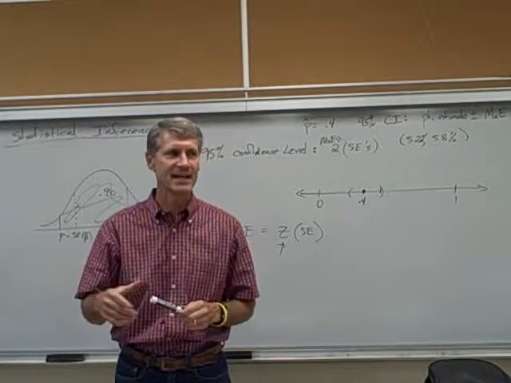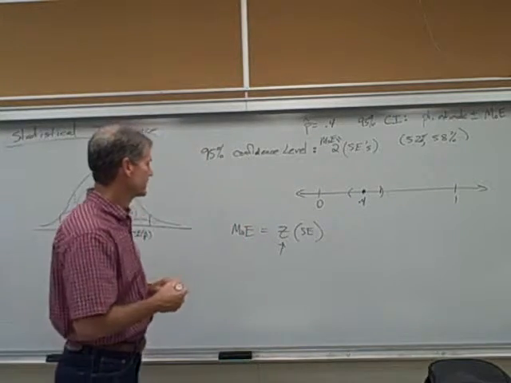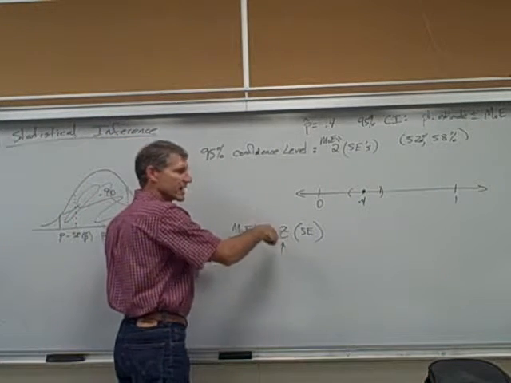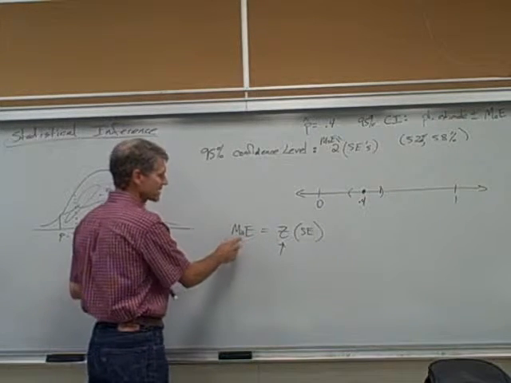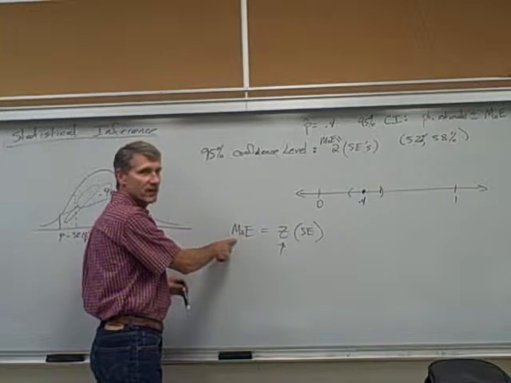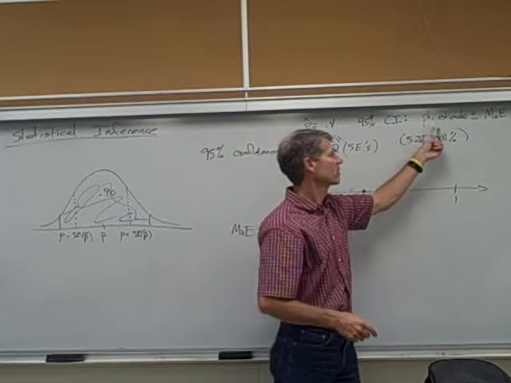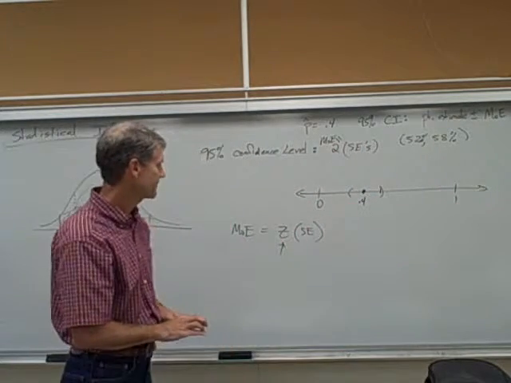So if it's not stated, assume it's 95%. Okay. So again, computing what that Z is, we'll do that in the next section. So for now, all the problems that we'll do in this section, they'll just give us the margin of error. And then we form the confidence interval just by doing point estimate plus or minus that margin of error. Okay?